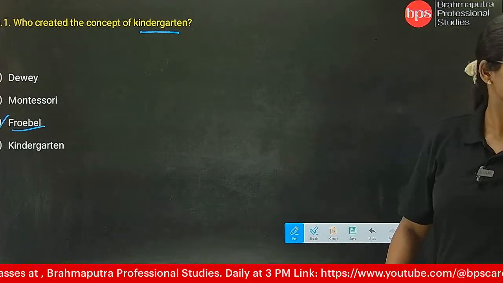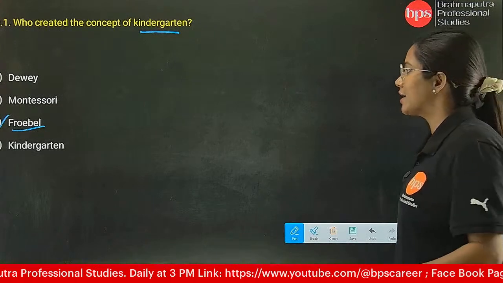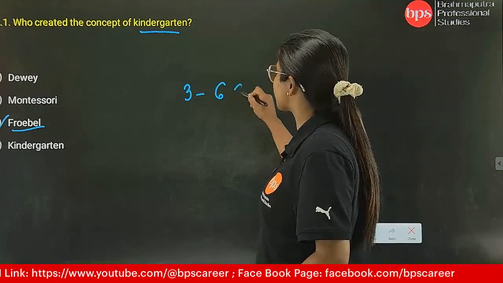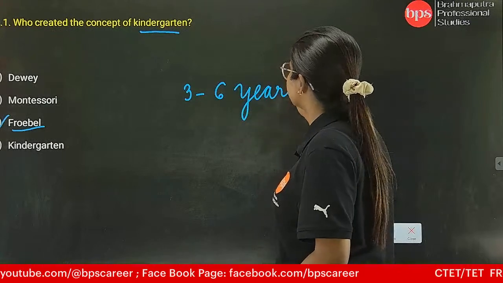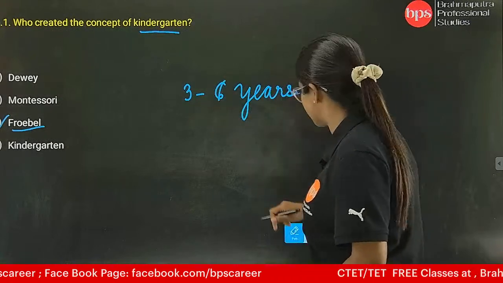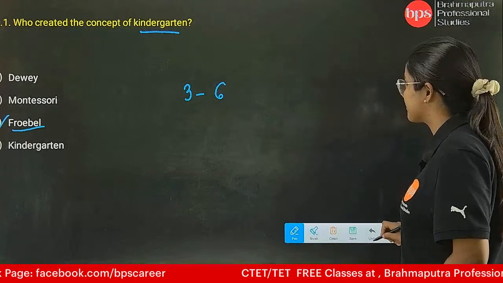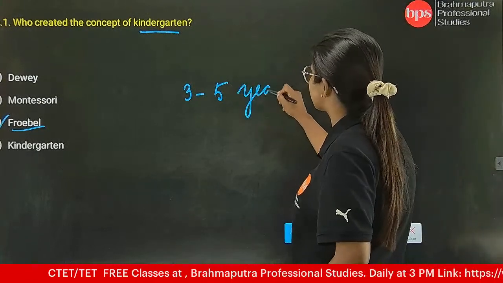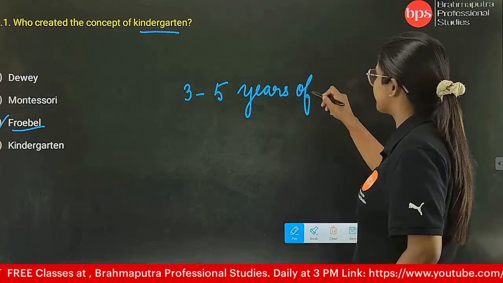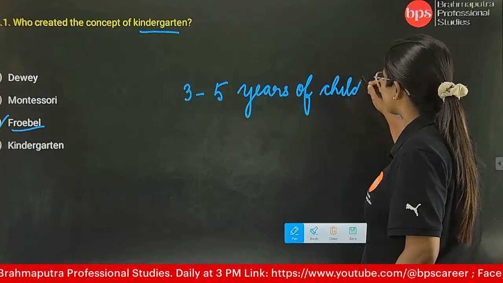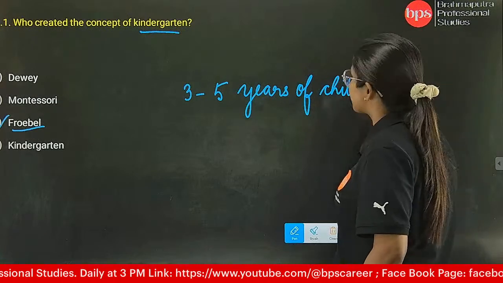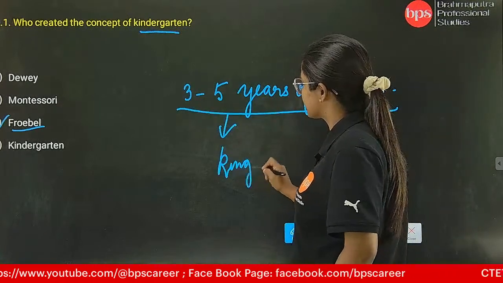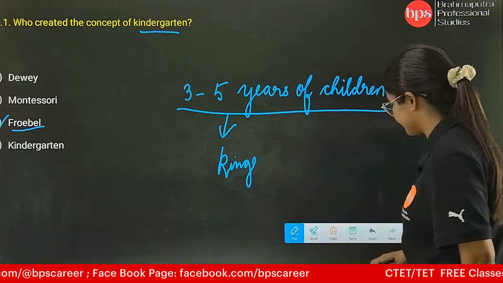Which is given to small children from the age group of 3 to 6, or we can also say 3 to 5 years. So these are the children who go to kindergarten, or we can say KG.